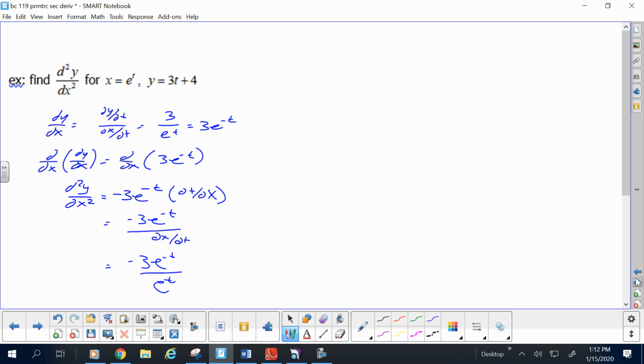My answer is obviously unsimplified. What's our more likely multiple choice answer? It'd be negative 3 over e to the 2t, or negative 3 e to the negative 2t. One of those is probably a cleaned up version. You with me? All right.